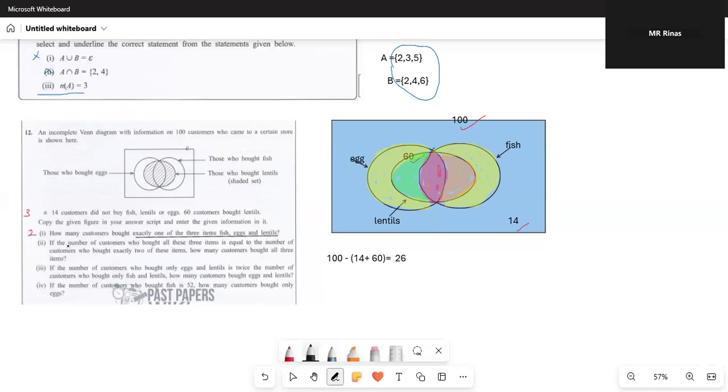Second question: if the number of customers who bought all these 3 items is equal to the number of customers who bought exactly 2 of these items, how many customers bought all 3 items?